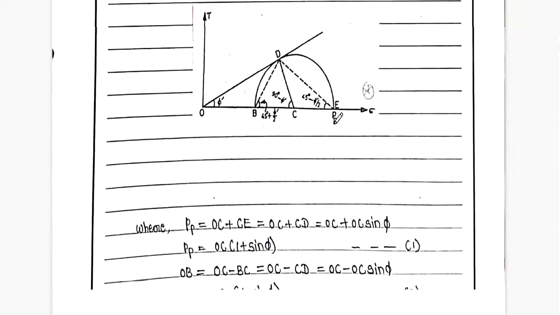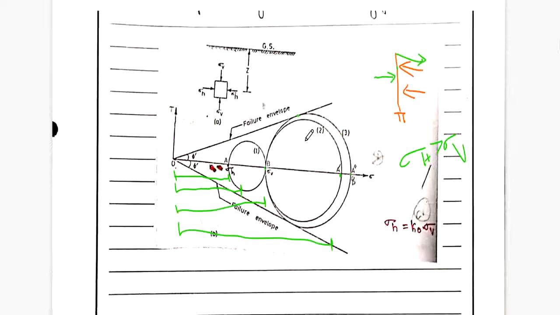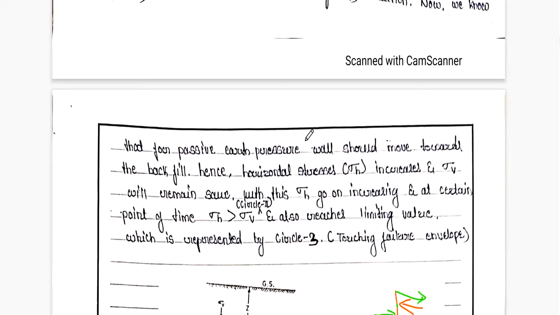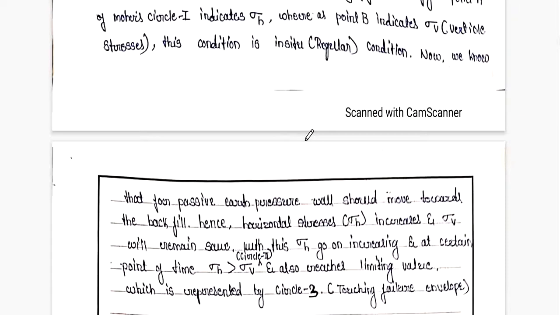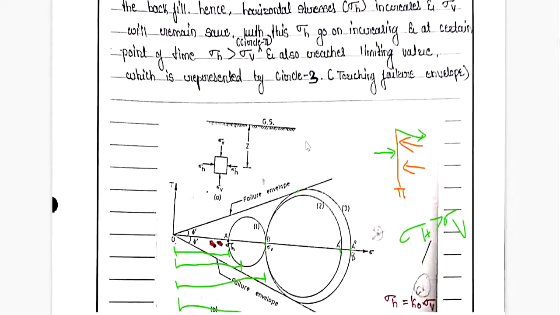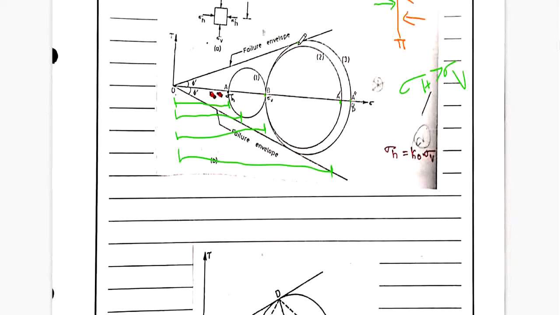At this particular point, the stress is called the passive earth pressure, and this particular point is called Rankine's passive state of plastic equilibrium.